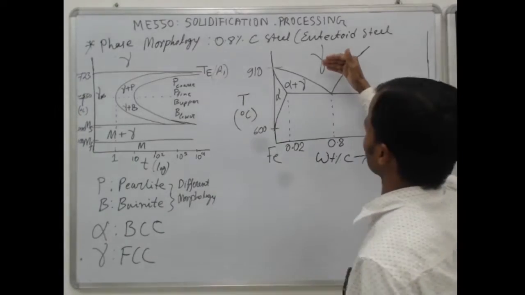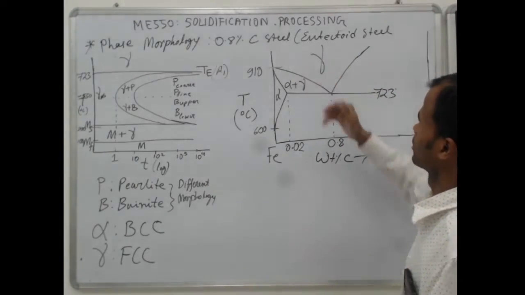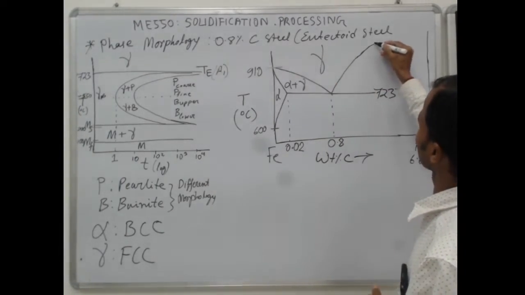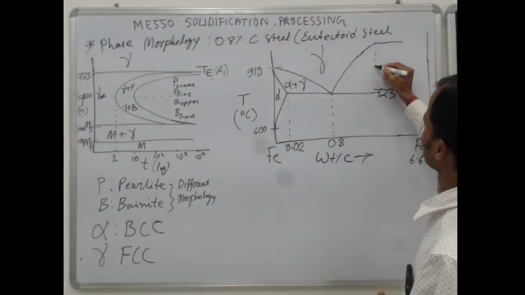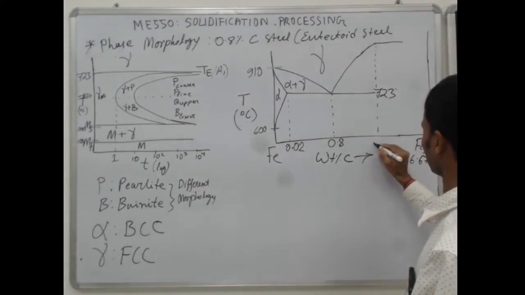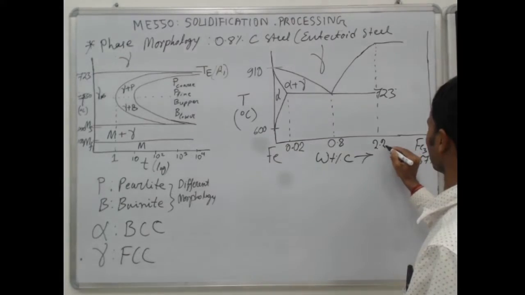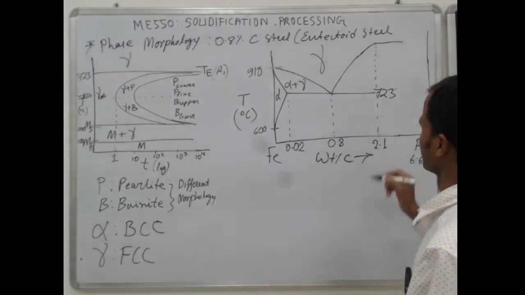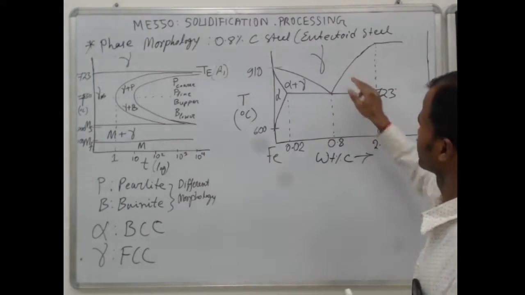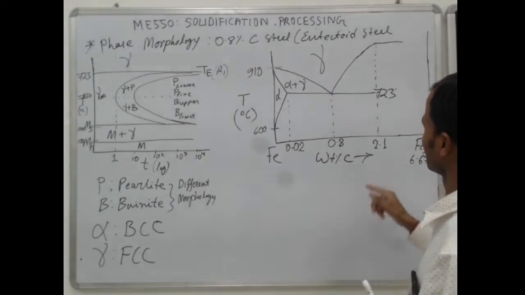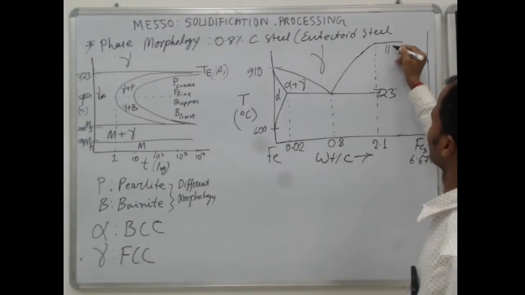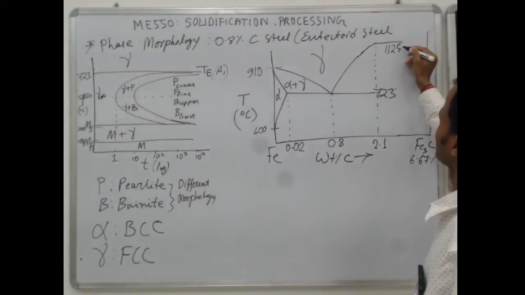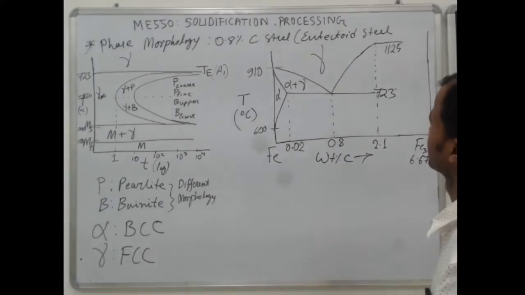Now you see the austenite, the maximum solubility of carbon in austenite is 2.1% at around 1125 or 1140 degrees, in between this temperature range.